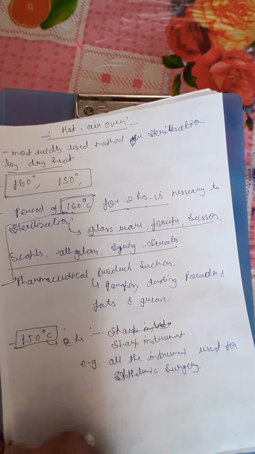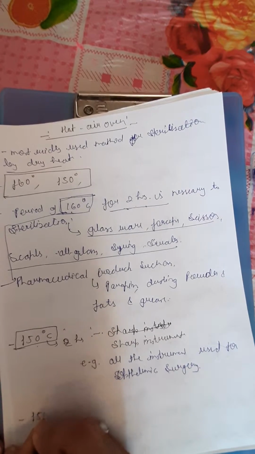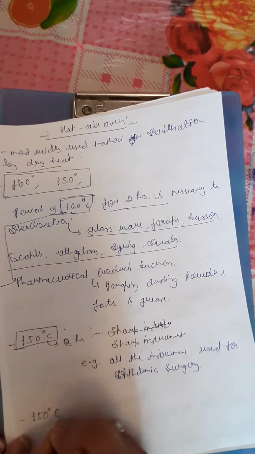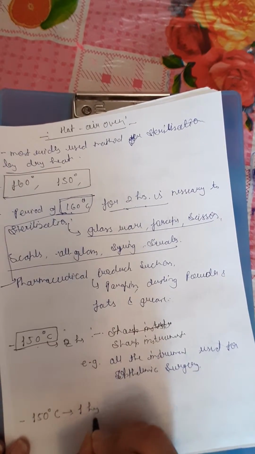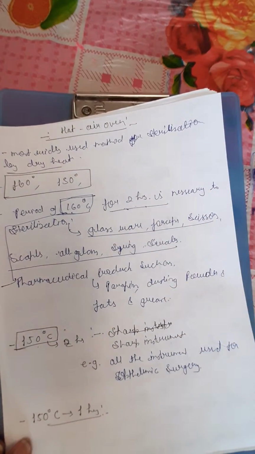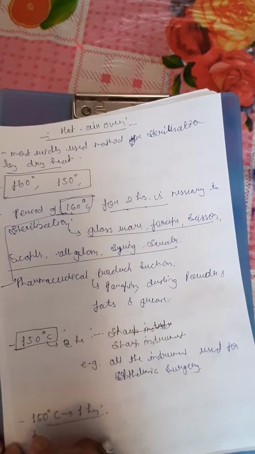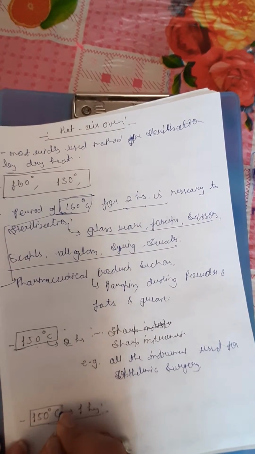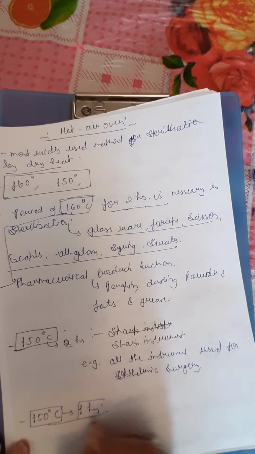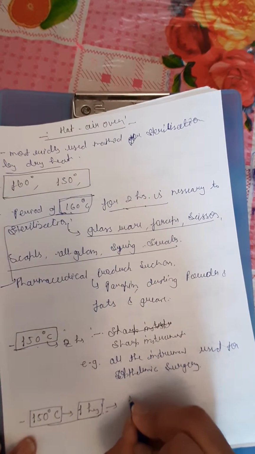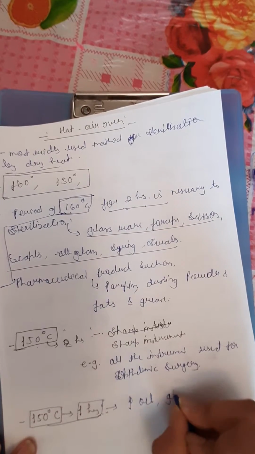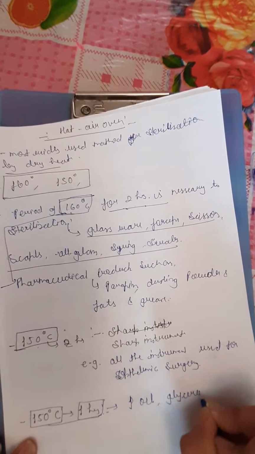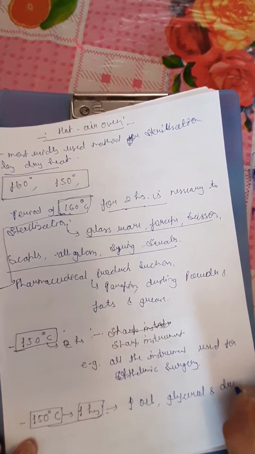And if we do another sterilization at 150 degrees Celsius, here we will hold for 1 hour. So at a temperature of 150 degrees Celsius for 1 hour, we can sterilize oil, glycerol, and dusting powder.